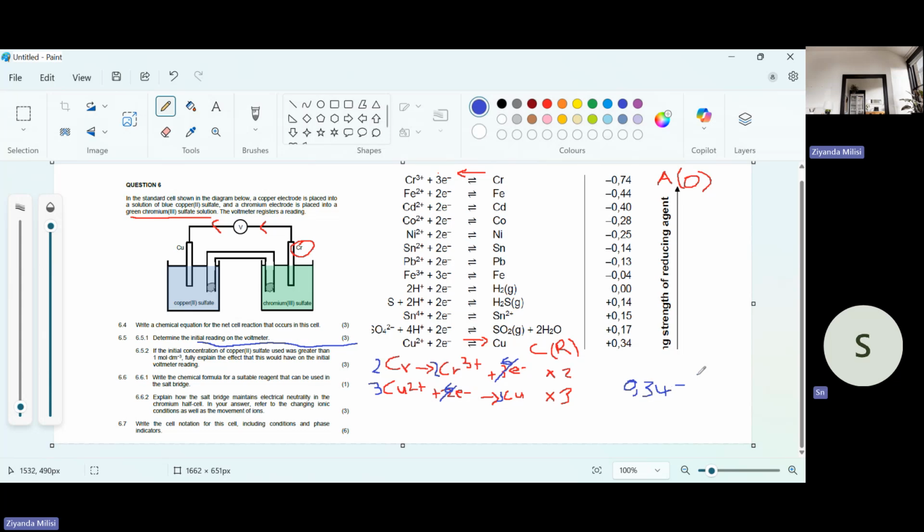Be careful. There is a minus that comes with the equation. Don't forget this minus. Yes, so that will be your E naught for this cell.